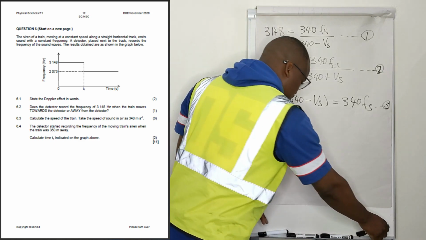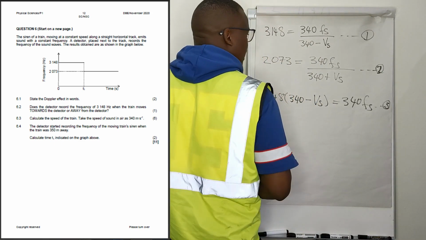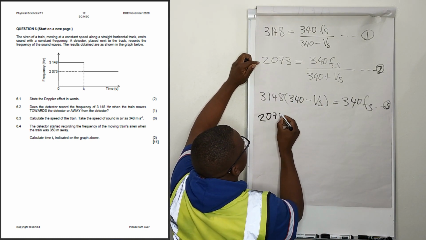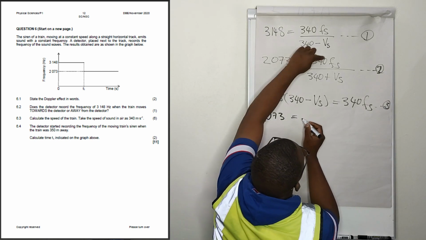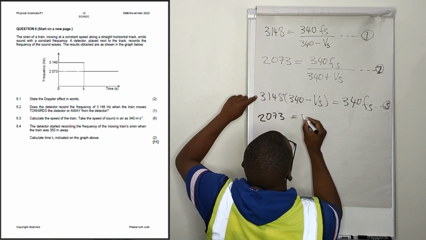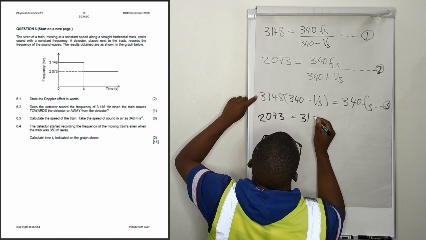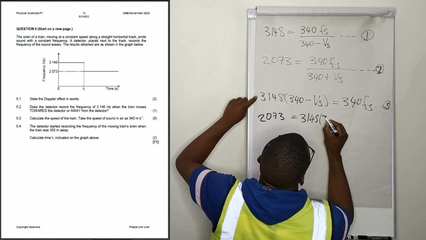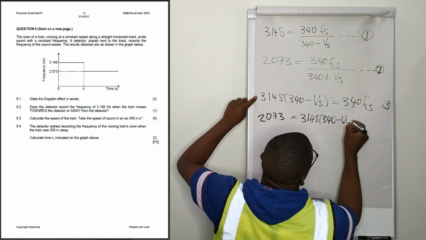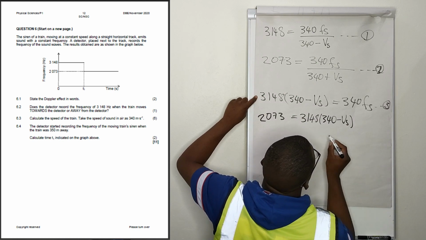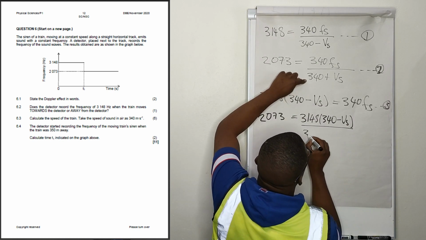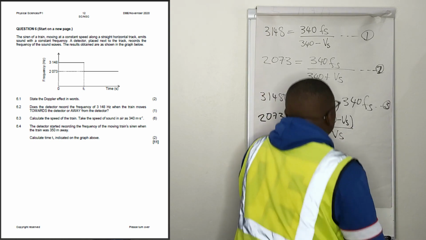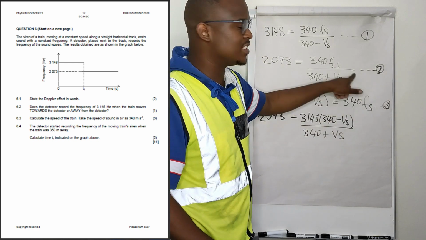So let's do that. 272073 is equal to 340 Fs, which is equal to this. So we're going to say 3148 into 340 minus Vs divided by 340 plus Vs. So here you only substitute the third equation on the second one.